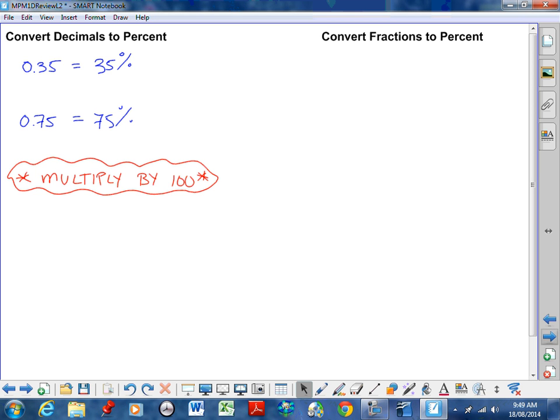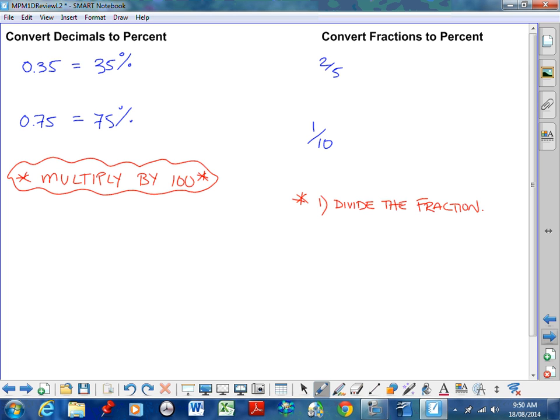Now, converting fractions to percent. Let's go 2/5 and 1/10, because I like easy fractions that I can do in my head. It's multi-step. Step 1 is divide the fraction. Take out your calculator and do 2 divided by 5 equals.